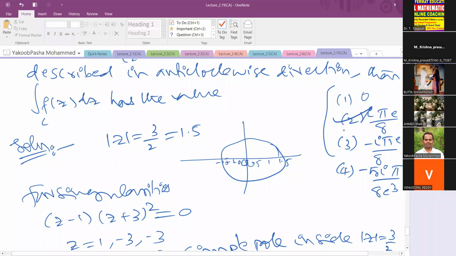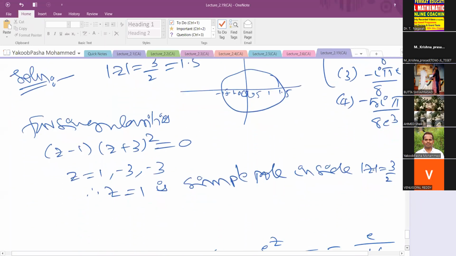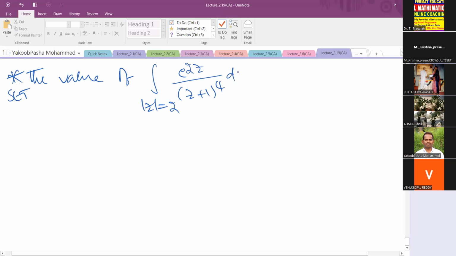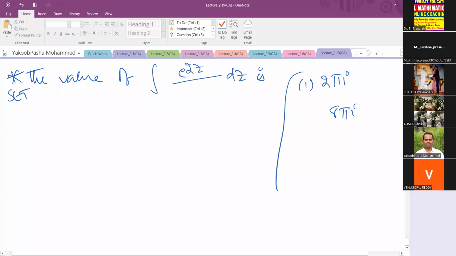The value of the integral over modulus of z is equal to 2 of e to the power of 2z divided by z plus 1 whole to the power of 4 dz is.